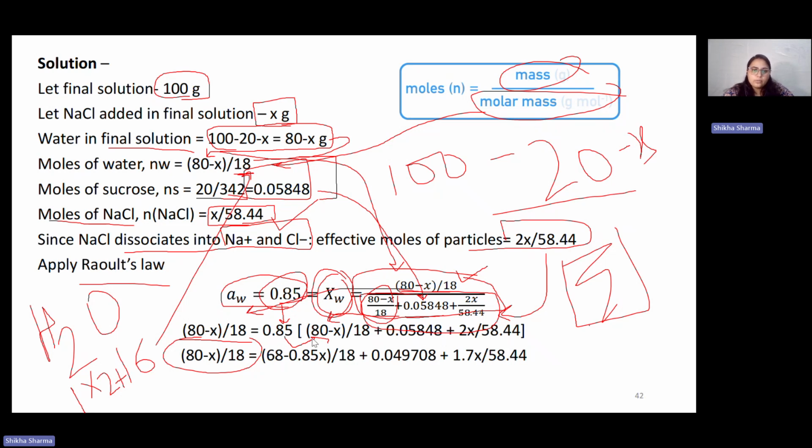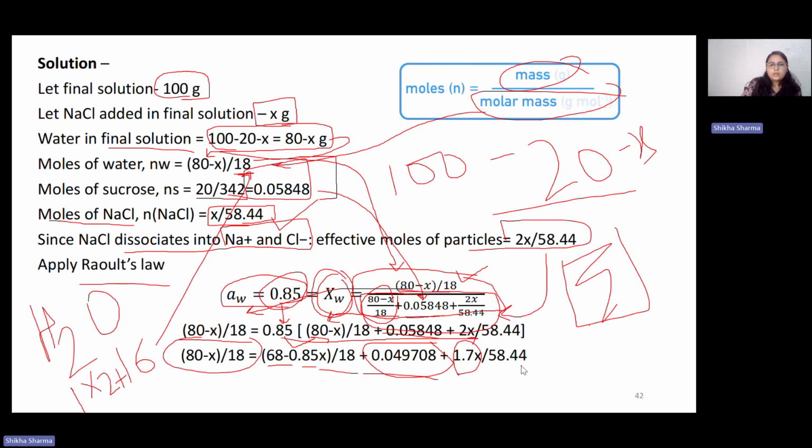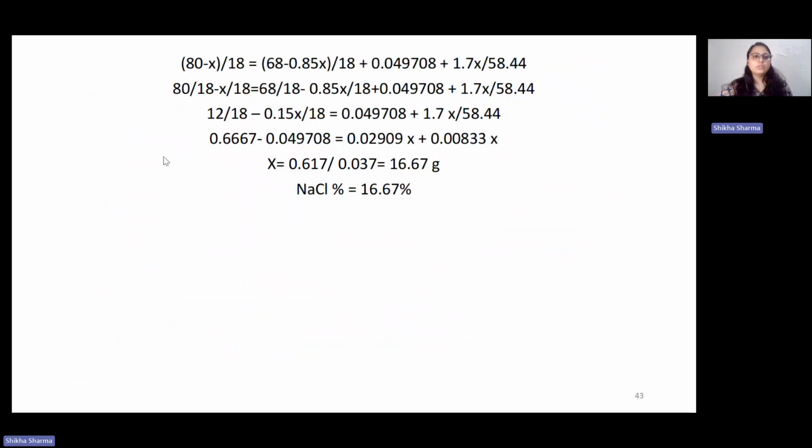So 0.85 into 80 is 68 minus 0.85x divided by 18. Second, plus 0.85 multiplied by 0.05848, it would be 0.049708, plus 0.85 multiplied by 2, it would be 1.7x divided by 58.44. Now further this equation we are keeping, and we are solving this equation.